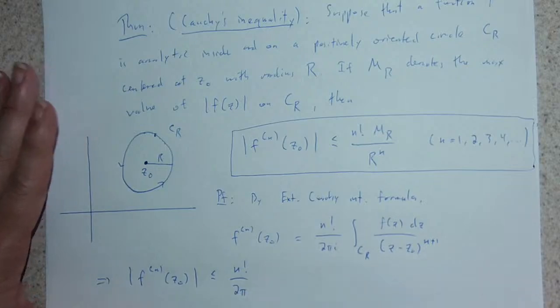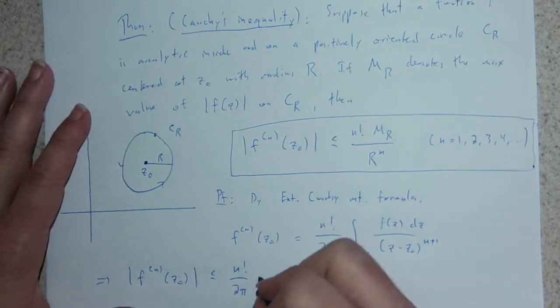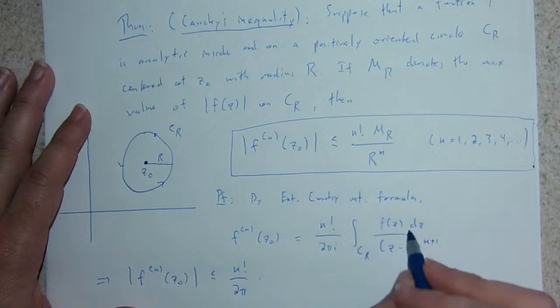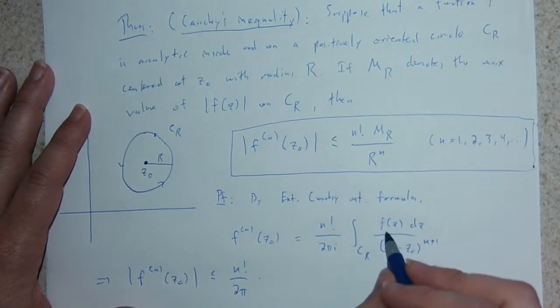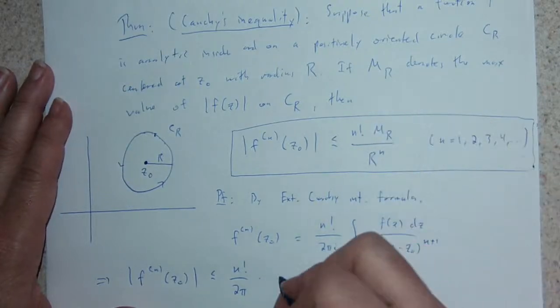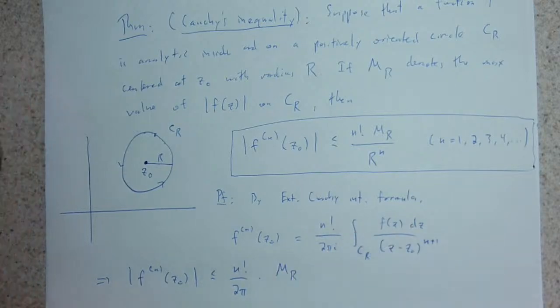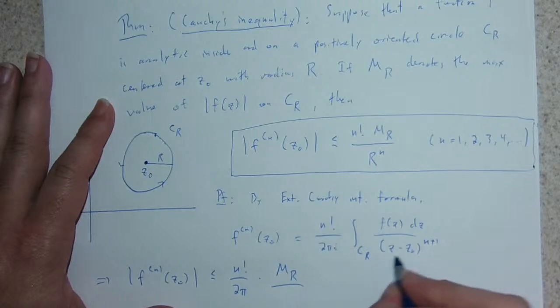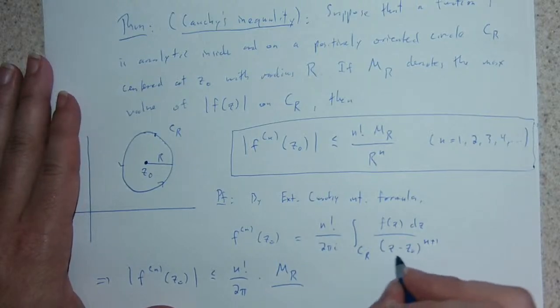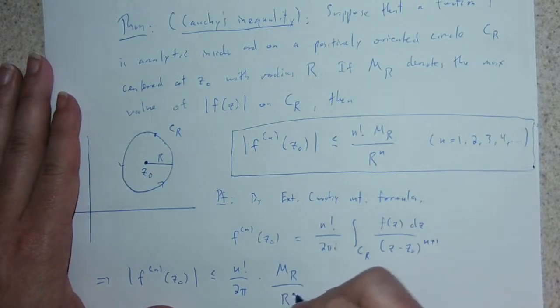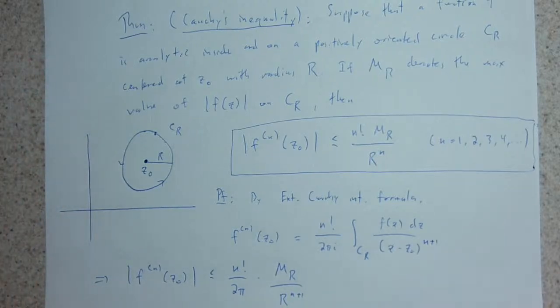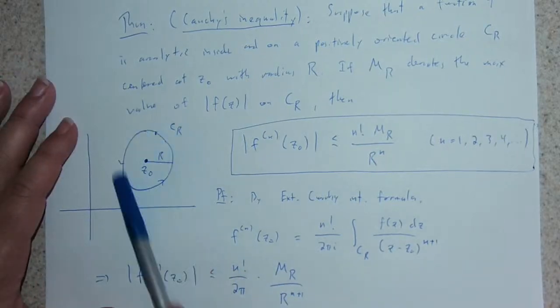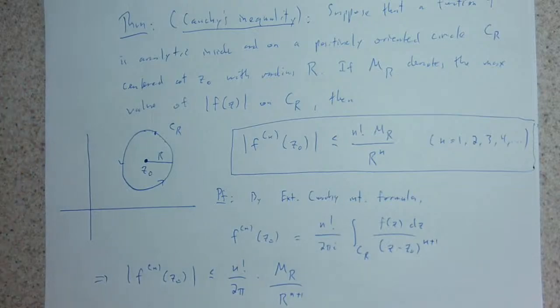This is 2 pi times the maximum of the modulus of f of z, which I've already defined as m sub r, so that's the bound on the modulus of f of z, over this thing on this curve, which is just r to the n plus 1, times the contour integral along this curve, so what do I get from this?